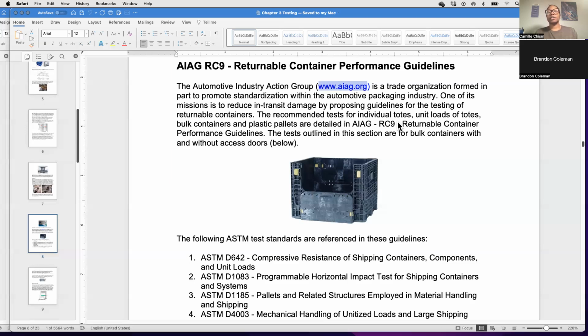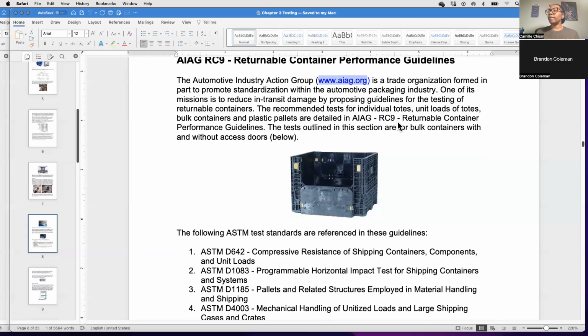Some of those organizations would be AAMA, which is Alabama Automobile Manufacturing Association, and then GAMA, which is Georgia's version of that. Those are just a couple. They do things similar to some of the things AIAG does, but not everything.